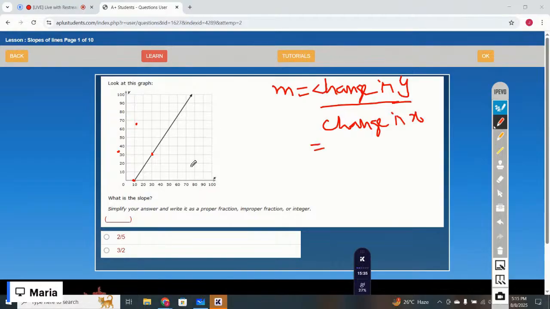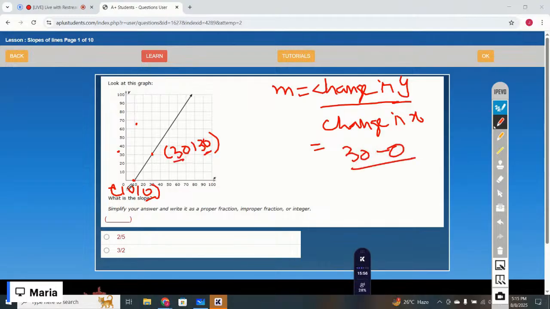So the coordinates of this point are x is 10, y is 0. This point is x is 30, y is 30. So change in y, these are the y coordinates, 30 minus 0.